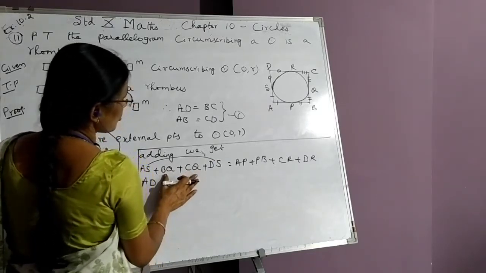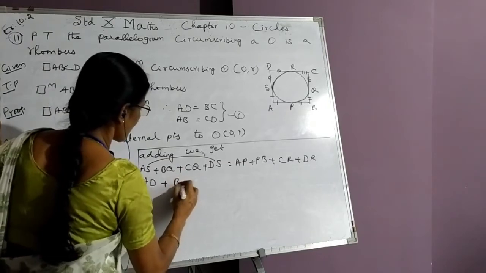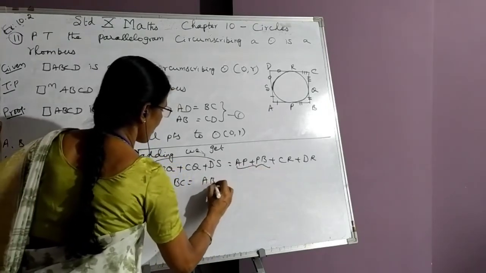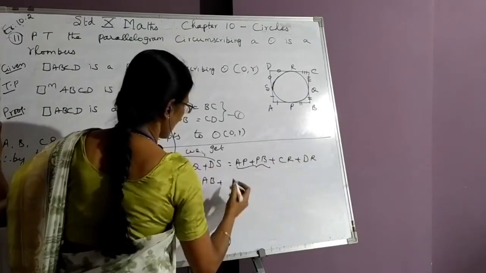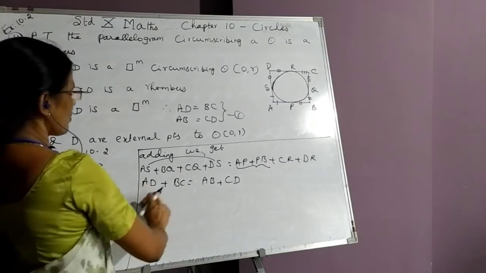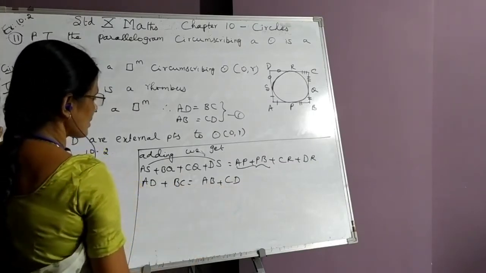BQ plus CQ gives BC. AP plus PB gives AB. And CR plus DR, if we add, we get CD. Therefore, we got AD plus BC is equal to AB plus CD.